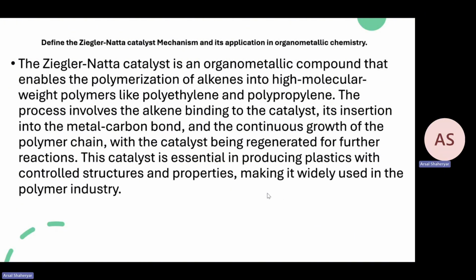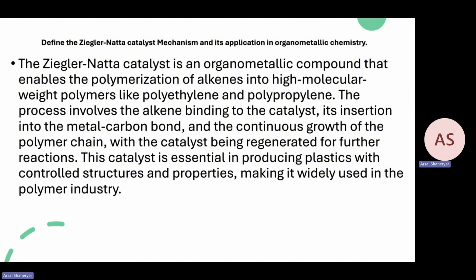The Ziegler-Natta catalyst is an organometallic compound that enables the polymerization of alkenes into high molecular weight polymers like polyethylene and polypropylene.